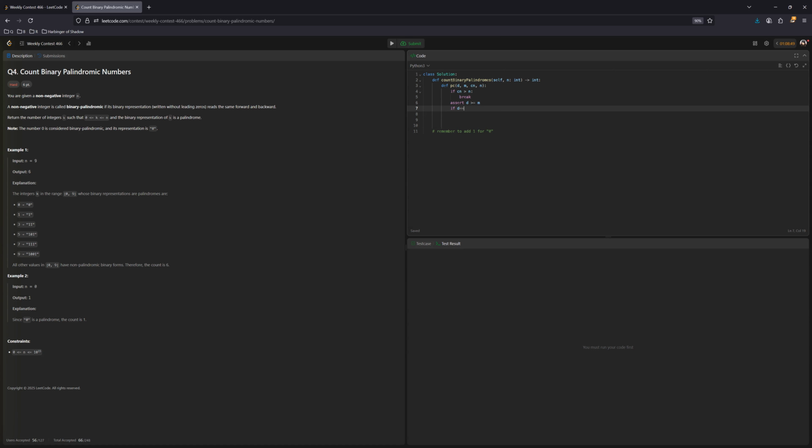If digit equals mirror digit, okay, if current number plus digit is lesser than or equal to n, then return 2, because we can do a 1 or a 0. Otherwise, return 1.